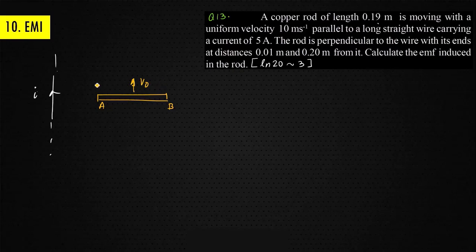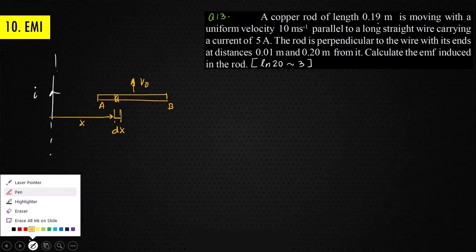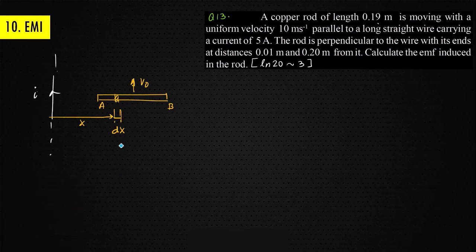Let us say by moving a distance of x from this end, I take an element of dx. So this is our dx length. This dx is moving with v0 speed upward. If I closely look at the dx element, it is moving in the upward direction, v0.